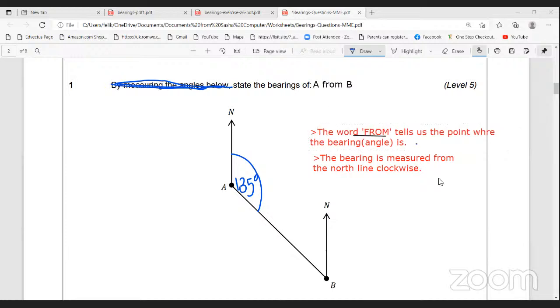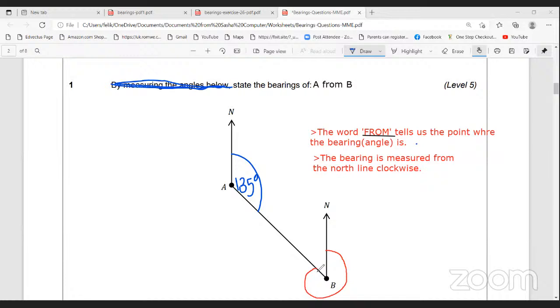From the north line clockwise. So let's write our bearing. It's going to be from the north line, and you're going to go clockwise, right around till we hit the next line. That's our bearing.